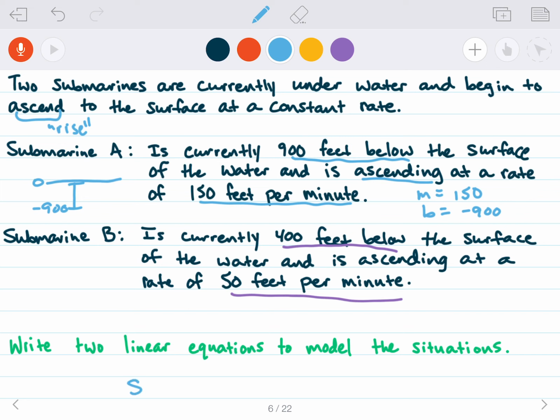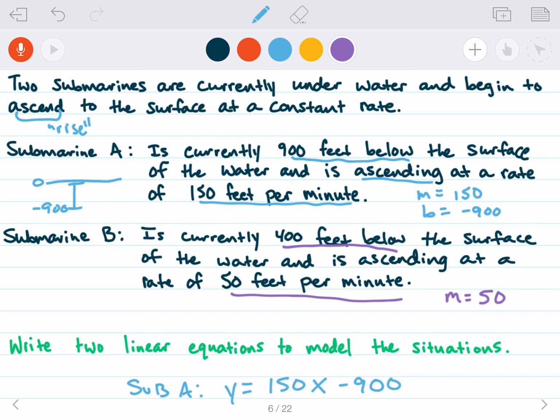So for sub A, our equation is y equals m, which is 150, x plus a negative 900, which is just negative 900. All right. So that's our equation for sub A. For sub B, our constant rate of change is 50. We're rising 50 feet per minute.